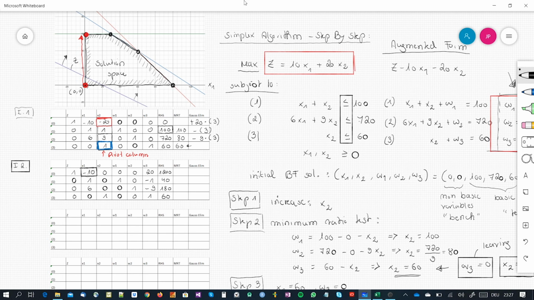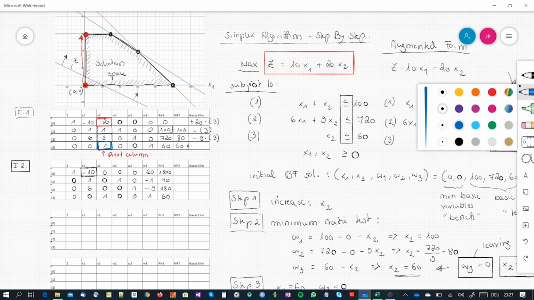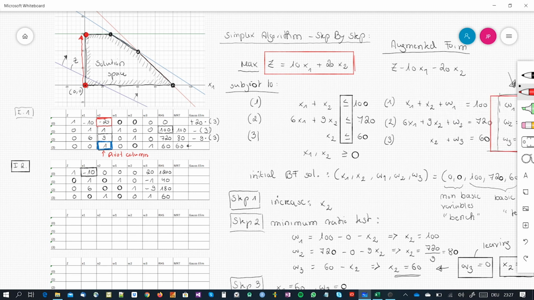This becomes also clear when we look in our original problem, and if we look in the graphical solution, then we can see that we are now here in this corner point, and if we increase for x1, we go along the line to the next corner point solution, that is the one given here.